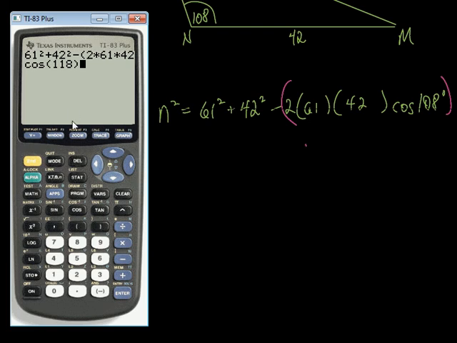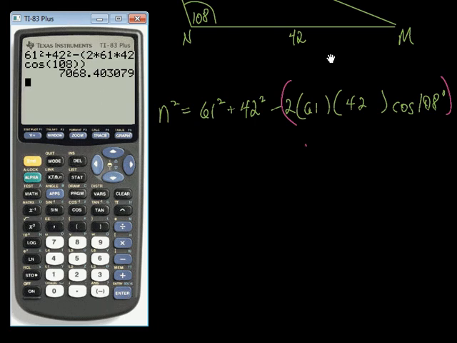Now watch, oops, it's not 118, it's 108. Good. Now look what I did. I put a parentheses right here just to close in that 108. It's not really shown here, but on the calculator it puts up a parentheses here, so I need to close that one. Then I need one more to close this parentheses right here, so I'll put another parentheses. All right, equals.